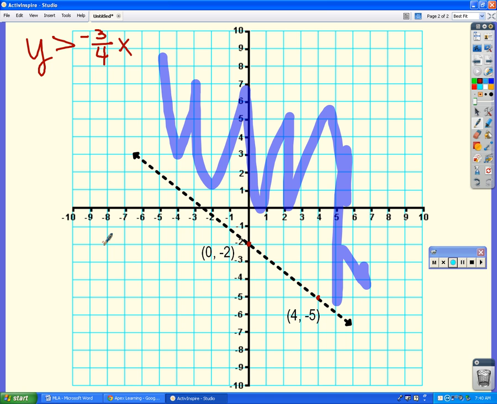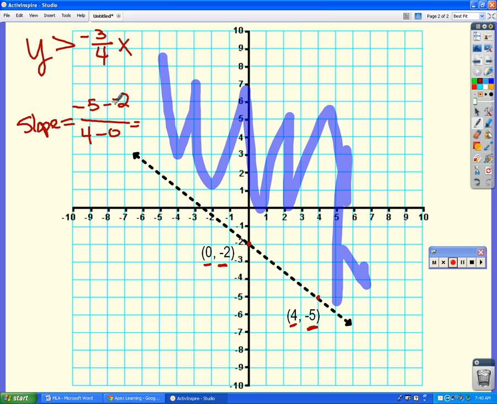Again, if you want to use the formula that they give you for the slope instead, that would be y2, which is -5, minus y1, which is -2, over x2 minus x1, which is 4 minus 0.